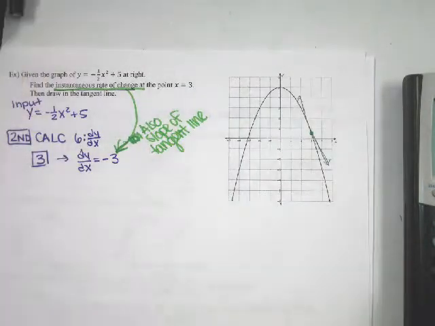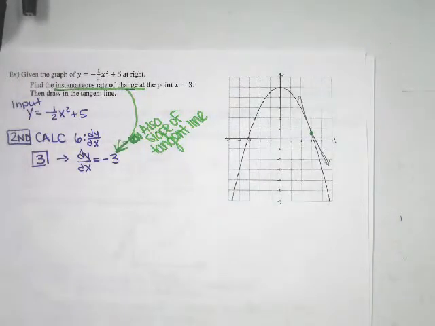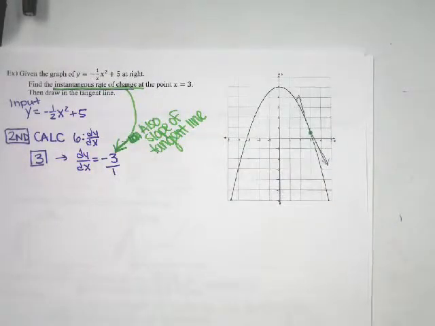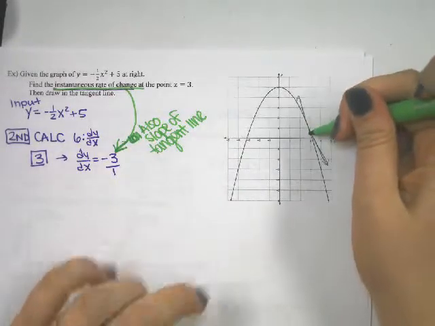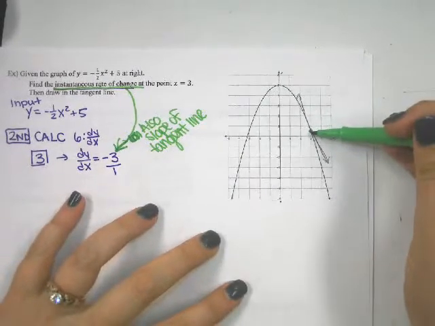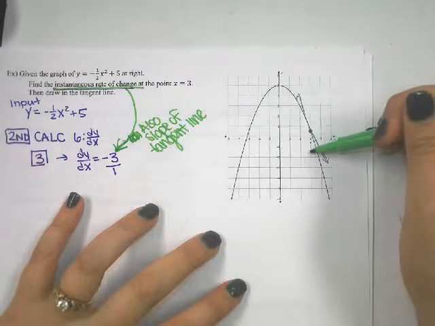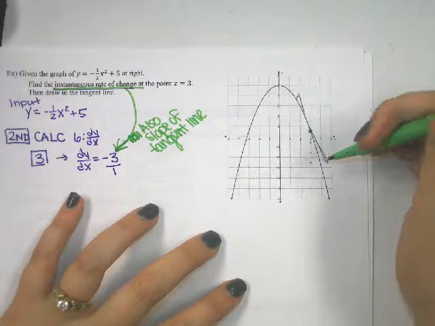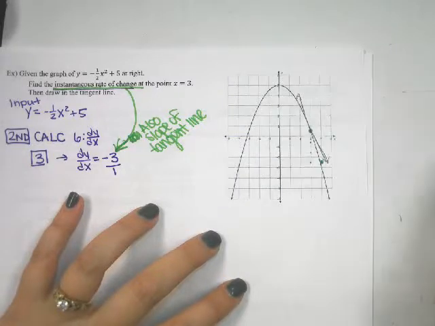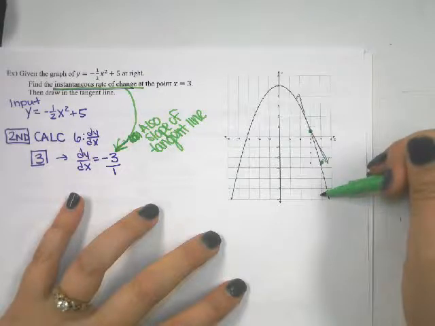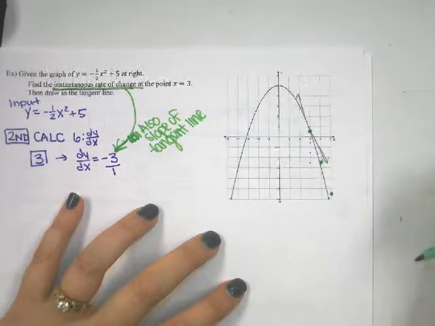So if a line has a slope of negative 3, that means it rises negative 3, runs 1. So if I try to draw in my tangent line on my graph, I know this point is on it. That's the point it intersects at. I'm going to eyeball it a little bit: down 1, 2, 3 over 1.